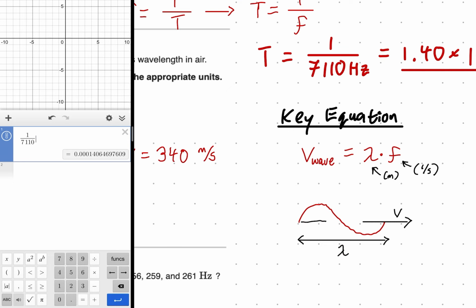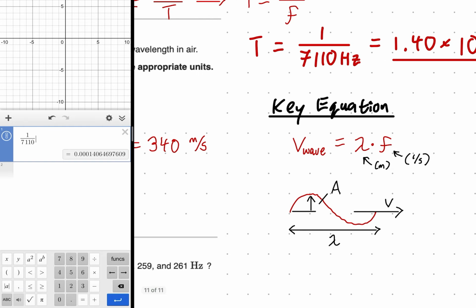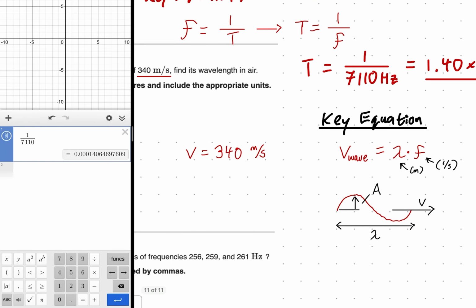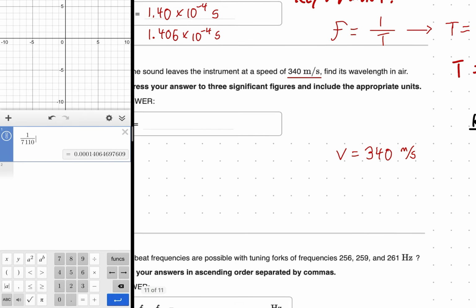By the way, if you're wondering about the other dimension, it's defined as well, and that's just the amplitude. It is not addressed in this problem, and it's not a function of the wavelength, nor is the wavelength dependent on the amplitude. Whereas the velocity obviously is. The velocity is directly related to the wavelength. Okay, so let's go ahead then and find that value.